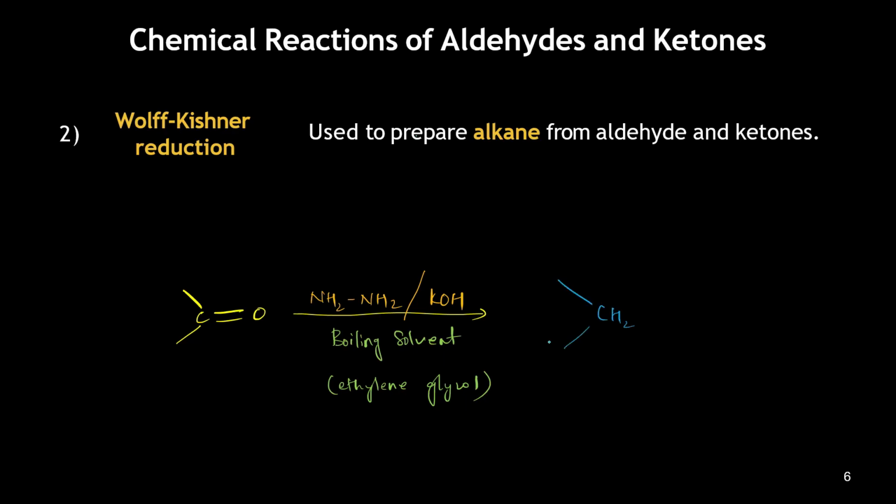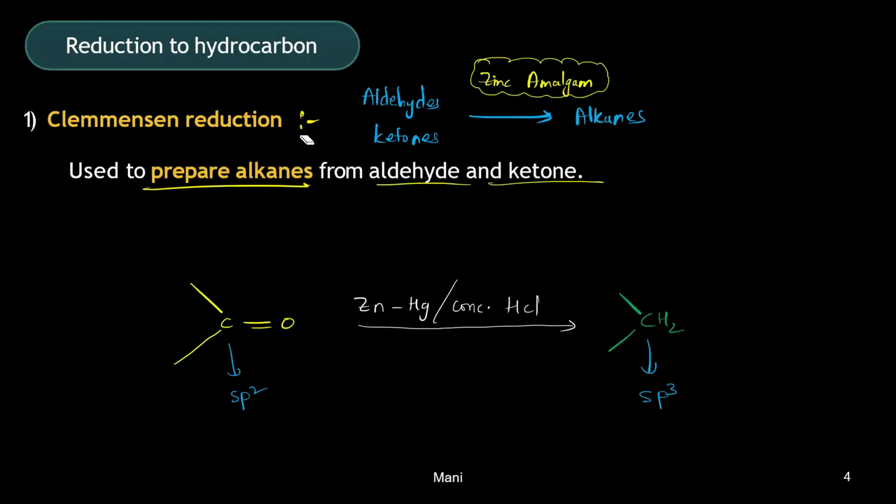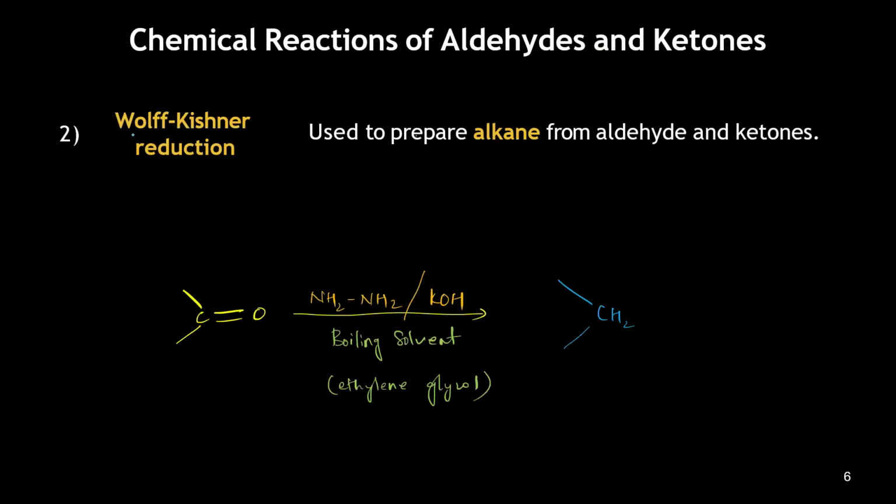So hydrocarbons from aldehydes and ketones can be prepared in 2 ways. One is the Clemmensen reduction, where you use zinc amalgam. It can also be prepared by the Wolff-Kishner reduction, understood? Here we use hydrazine and a strong base, potassium hydroxide. It gives the hydrocarbon, which is sp3, whereas the double bond compound is sp2.